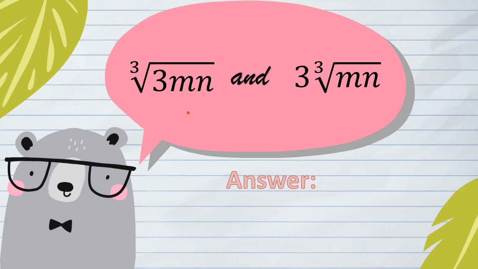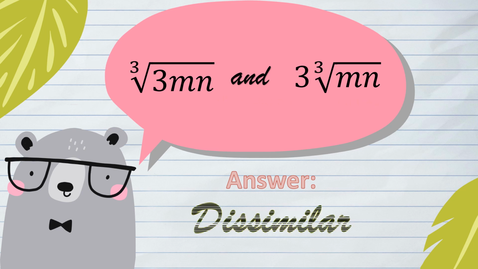Here, the indices are both 3, while the radicands are not the same. One is 3mn, and the other is mn only. So generally we can conclude that they are dissimilar radicals.